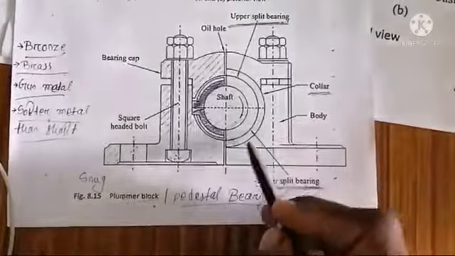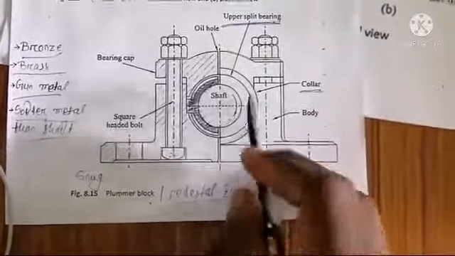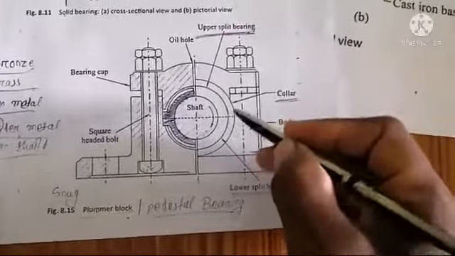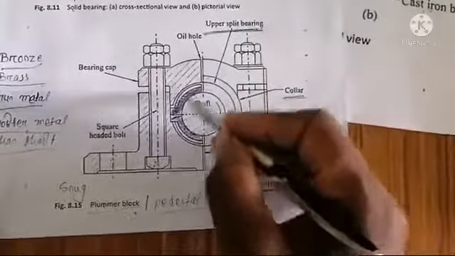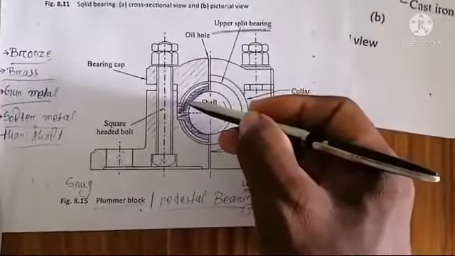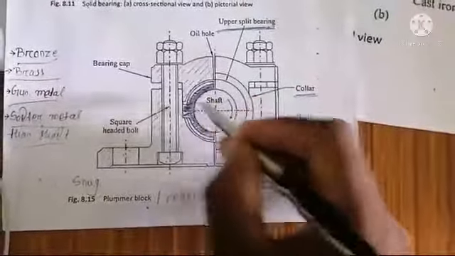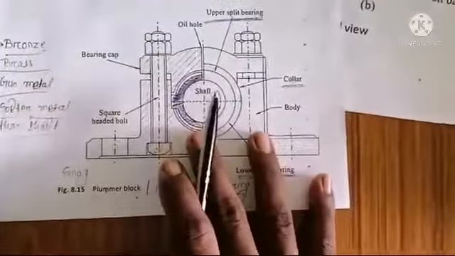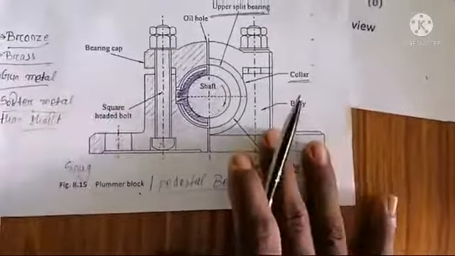The working of the collar is to prevent external material from entering the working area and to prevent the axial movement of the bush or the sleeve fitted in the bearing. This is the constructional details of the pedestal bearing.